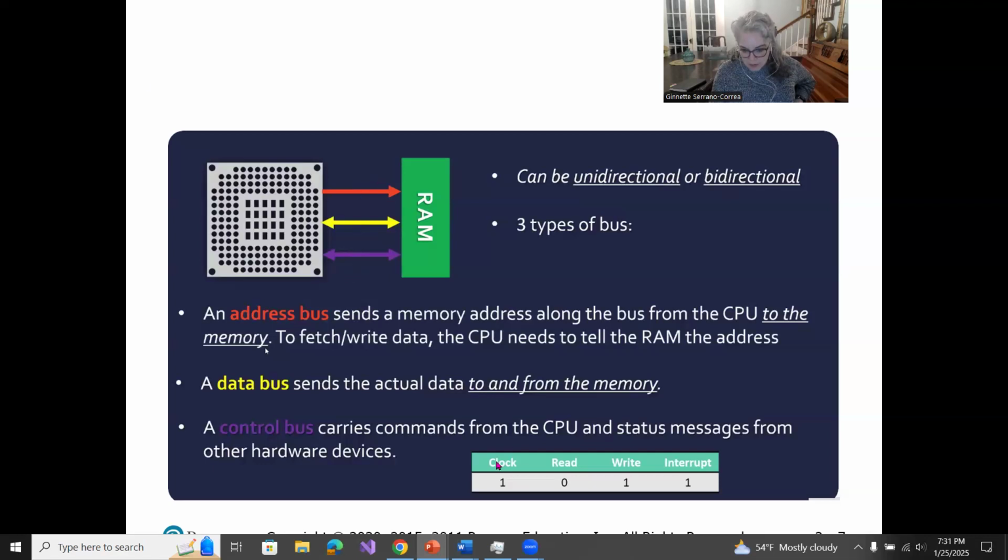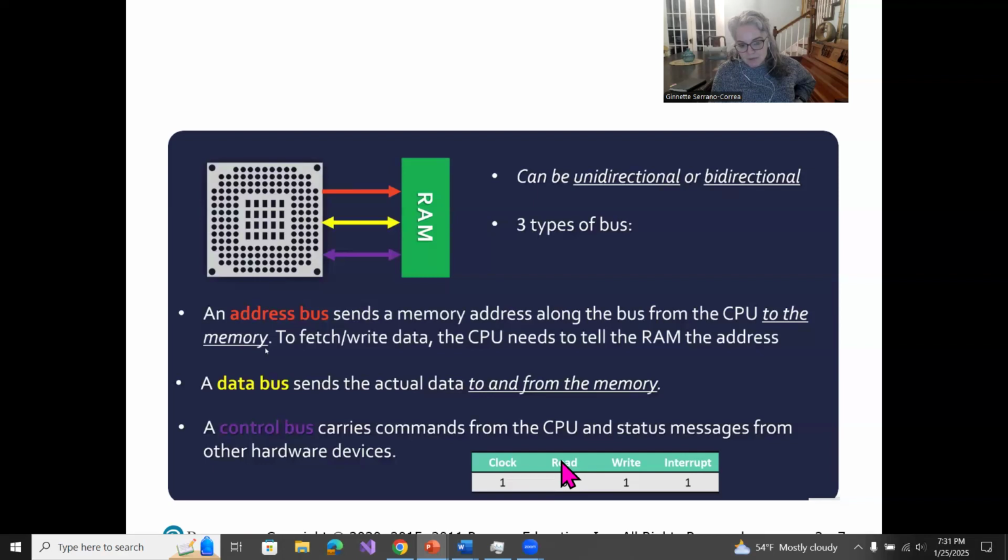In this little picture where you see clock, read, write, interrupt, if I send an address to RAM and I want to read from that address, we would set this read to on, which would be 1.